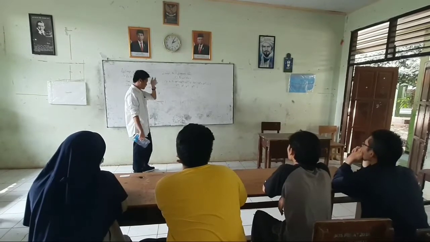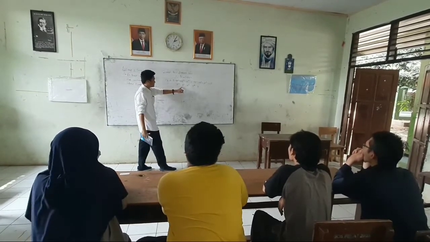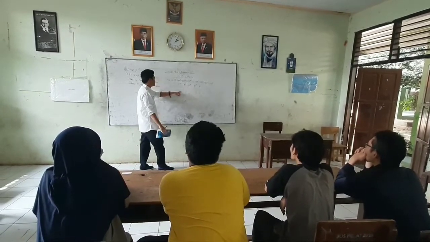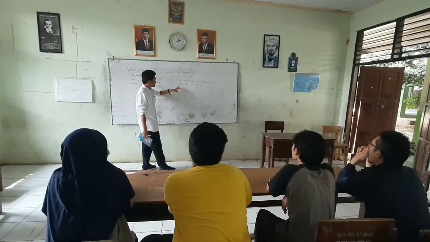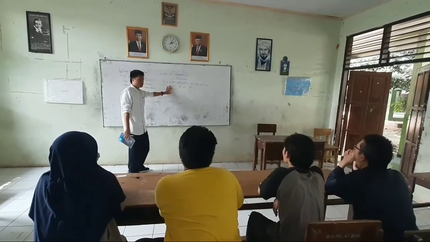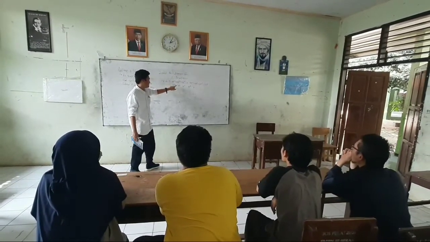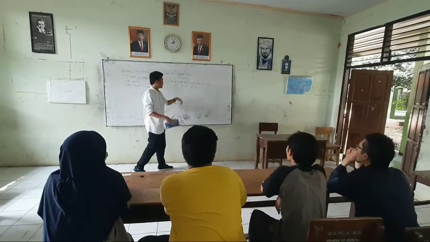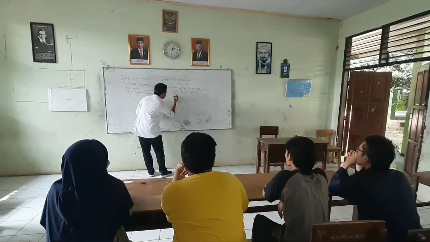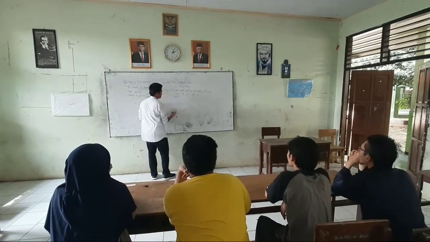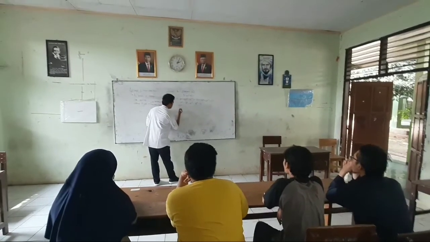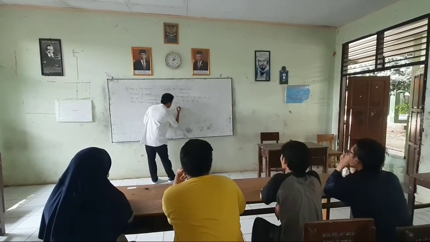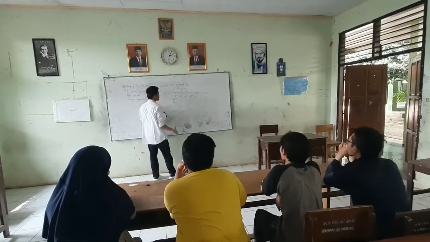Now, after we arrange the variables, put the terms that contain each variable. Terms that contain p power 5 are 4p power 5 and 9p power 5. Write down 4p power 5, and put 9p power 5 below it.